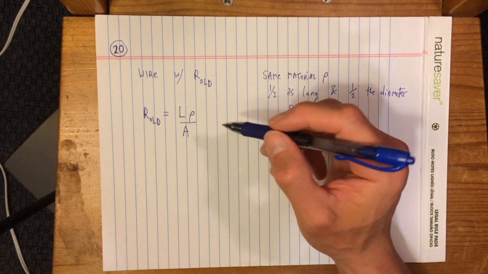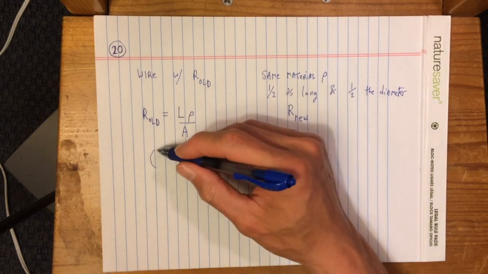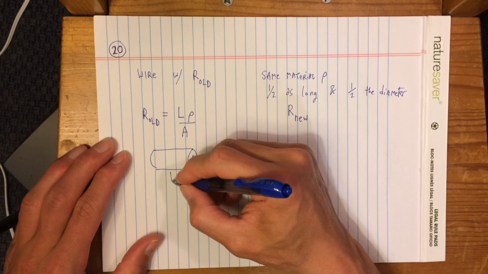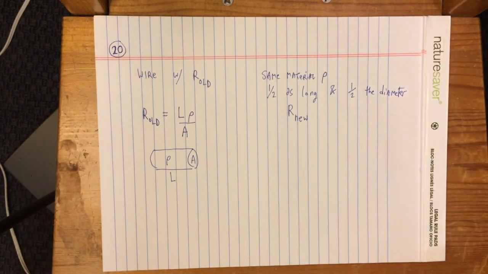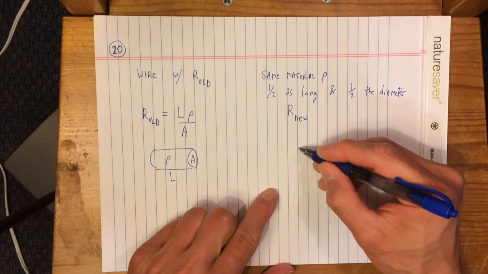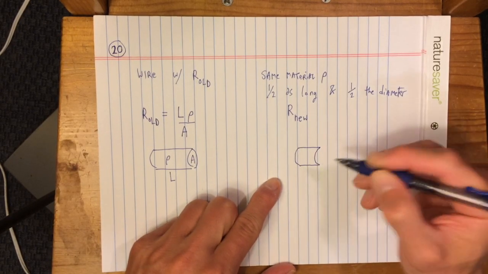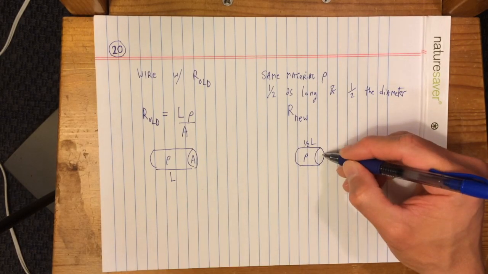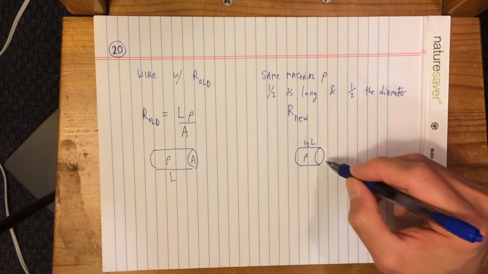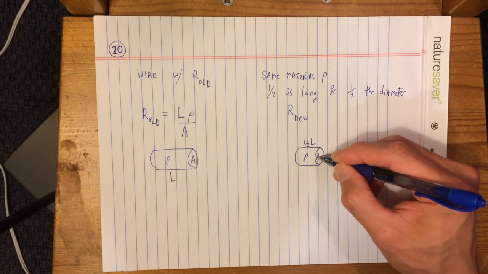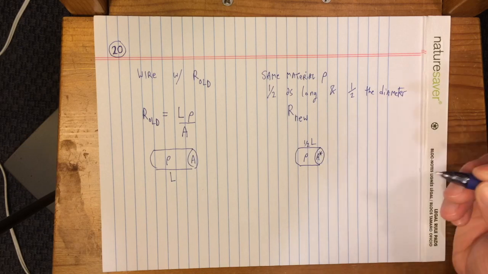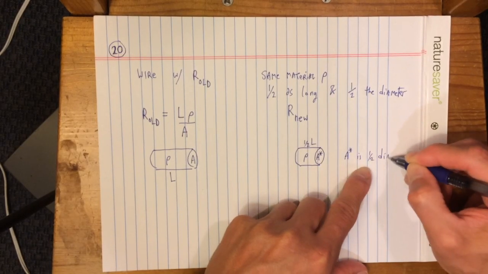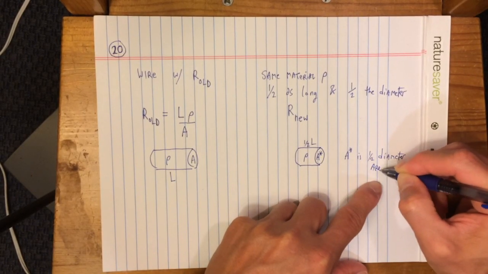And so let's say that I've got my wire, and it's got cross-section area A, length L, and is made of resistive material rho. And then over here, I've got half the length, same material, but this area has half the diameter. So for lack of a better symbol, I'm going to put A star, where A star is the half diameter area.